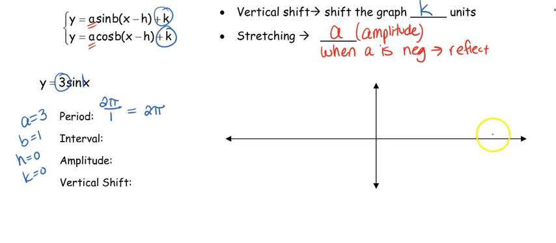So the length of one cycle is going to be all the way to 2 pi. Now remember, to find those tick marks, we broke it up into 4 pieces. So to find the interval, you take your period and you divide it into 4 equal pieces, which is how we're going to get pi over 2.